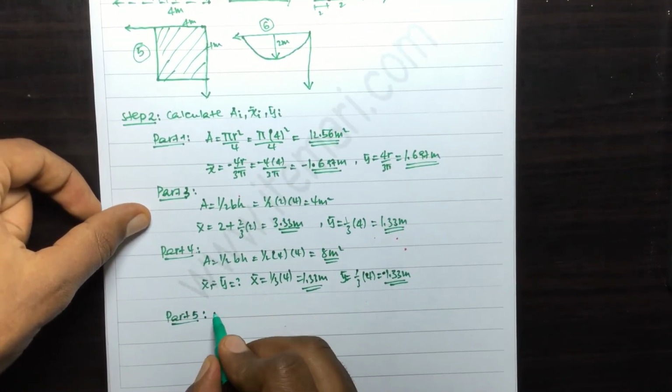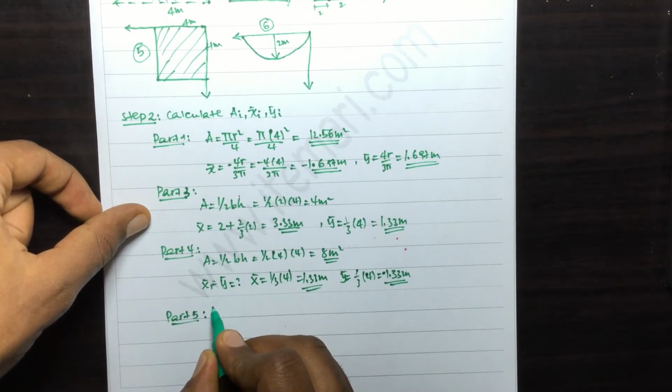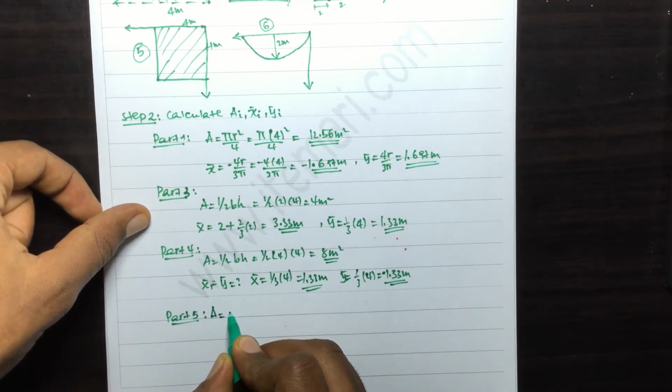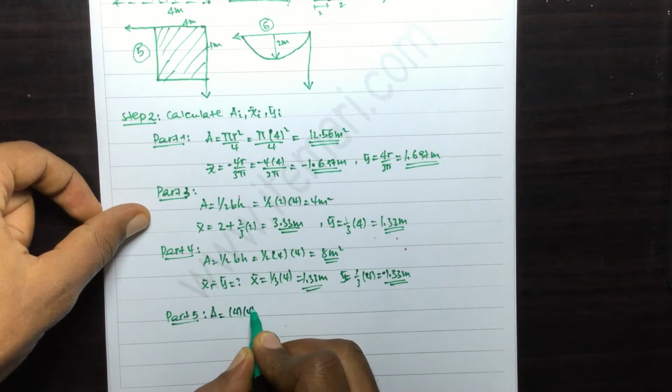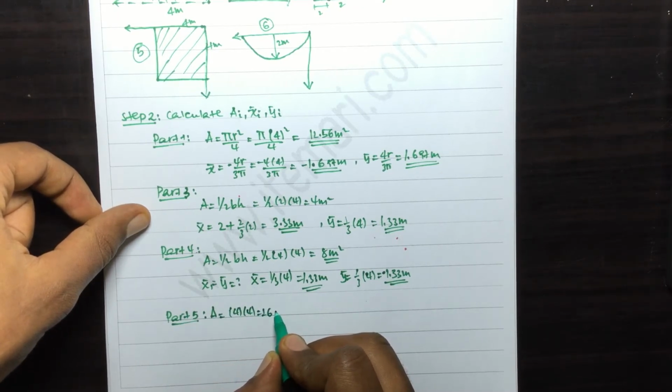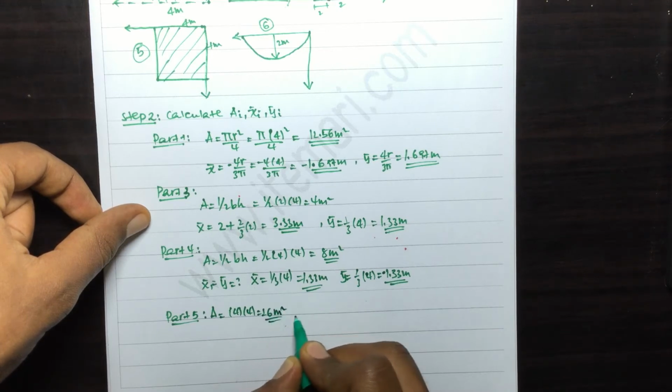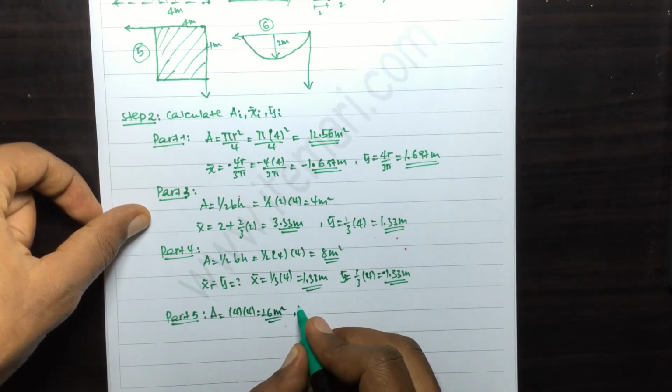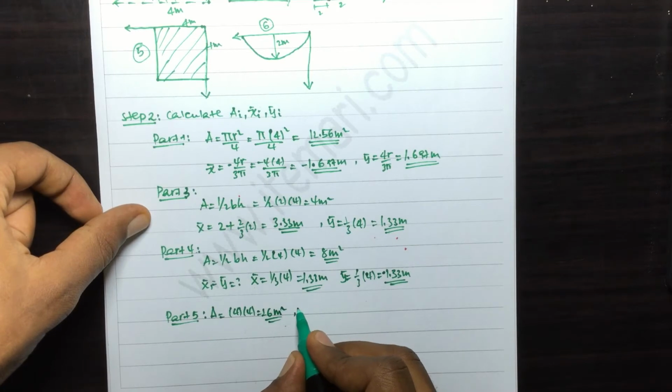Part 5 is just a square, and literally for any square it is just 4 times 4 will be the area, 16 meters square, which is very easy.